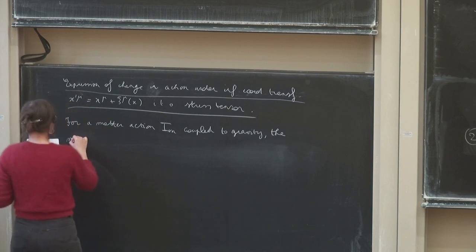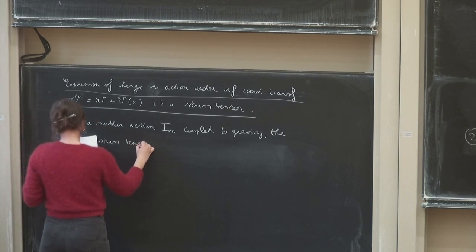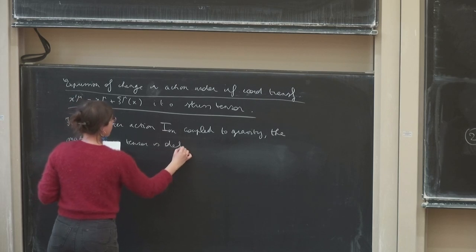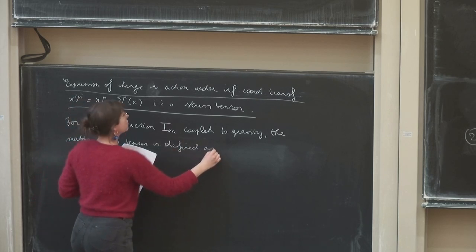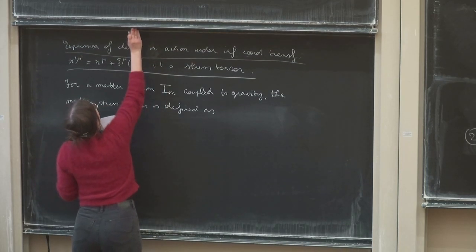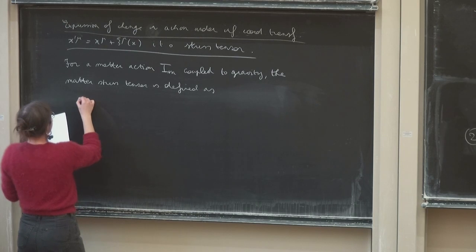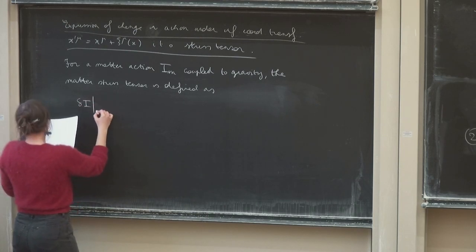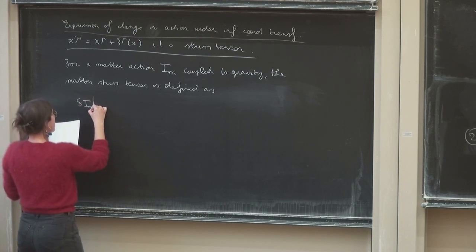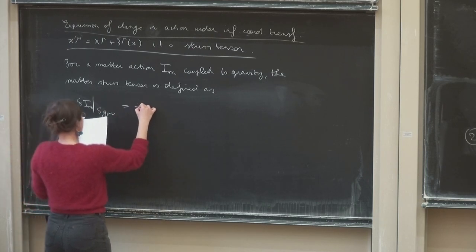Then the matter stress tensor is defined as follows. It's defined from how the matter action transforms under metric transformations.